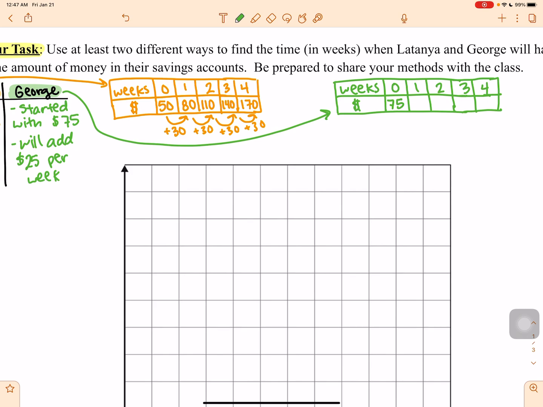How much is he going to add per week? So after 1 week, how much will he have in his savings account? So if he adds $25 per week, we add 25, this becomes 100. Add 25 again.